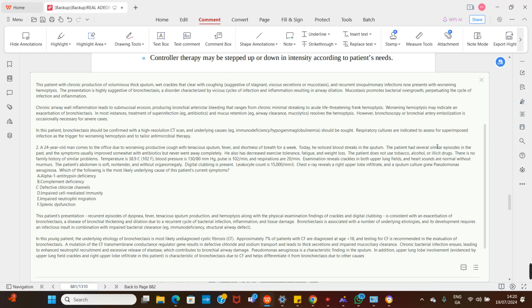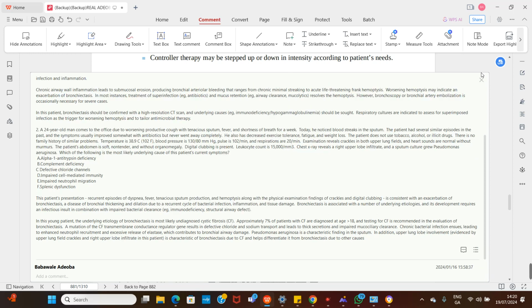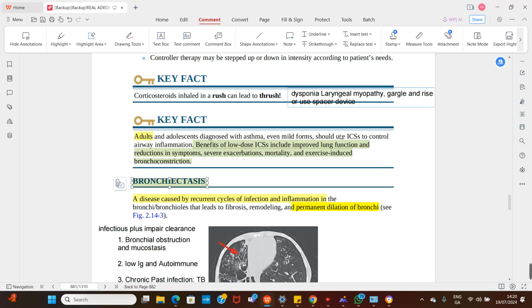So that recurrence supports bronchitis, and the underlying cause here is likely to be cystic fibrosis because of the organism that was cultured. That's how we see it. Okay, so that's just a way to look at those questions.